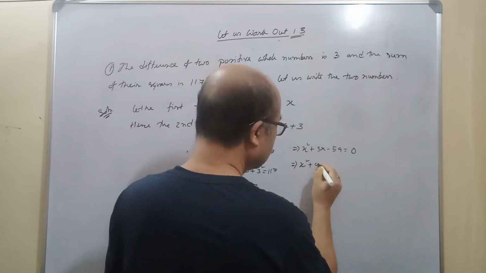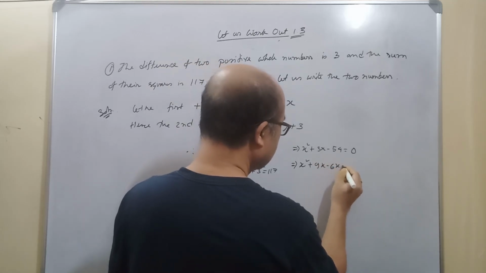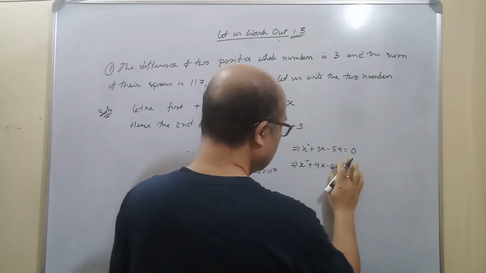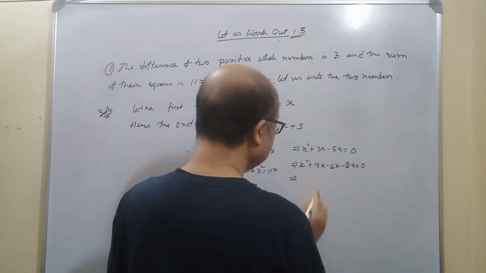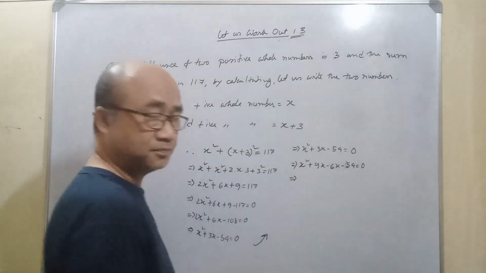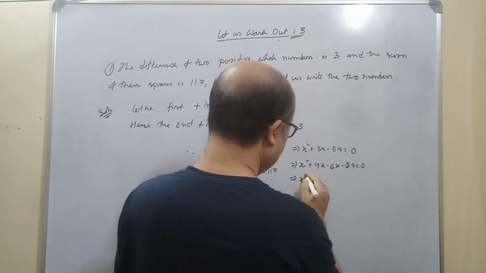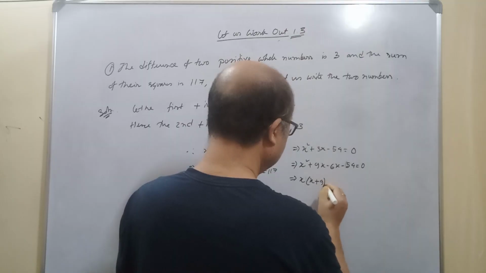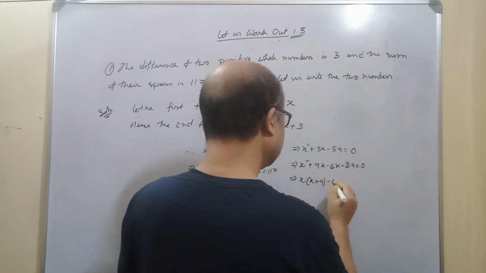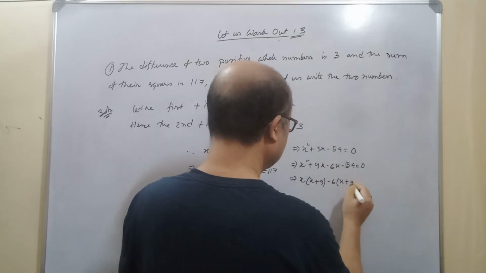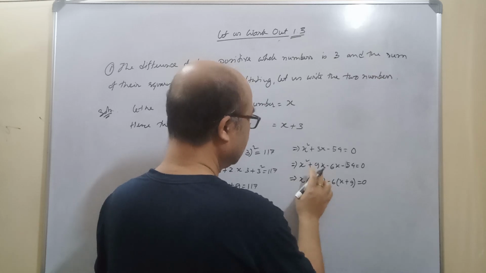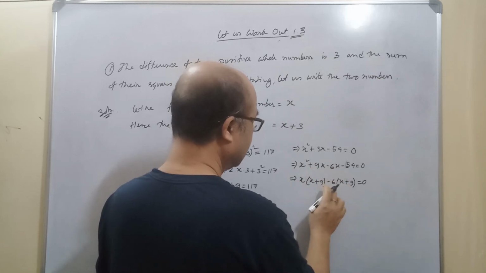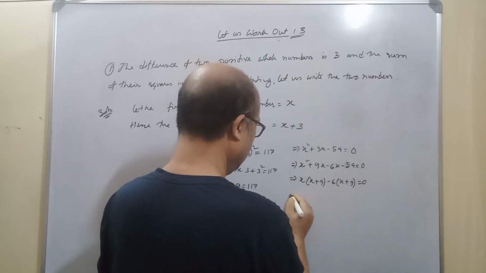This can be written as x square plus 9x minus 6x minus 54 equal to 0. This is equal to x into x plus 9 minus 6 into x plus 9 equal to 0. x into x is x square, x into 9 is 9x, minus 6x, minus 6 into 9 is minus 54.